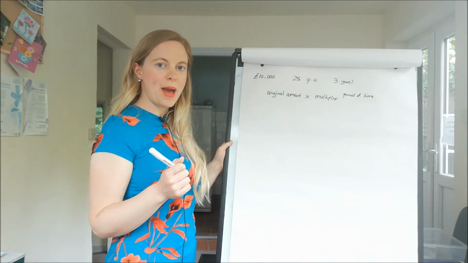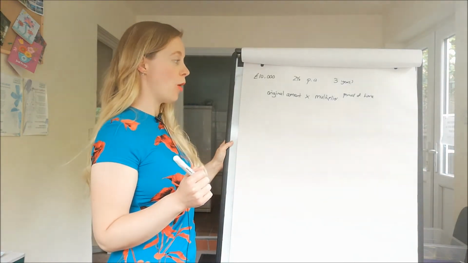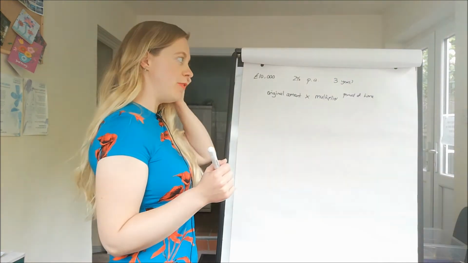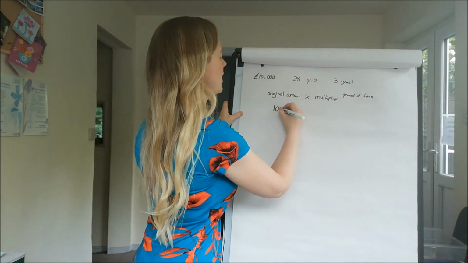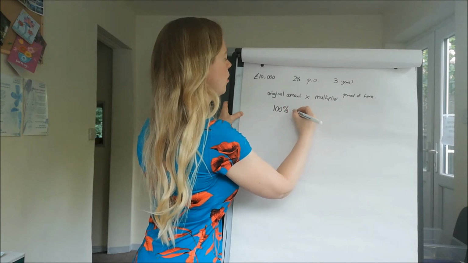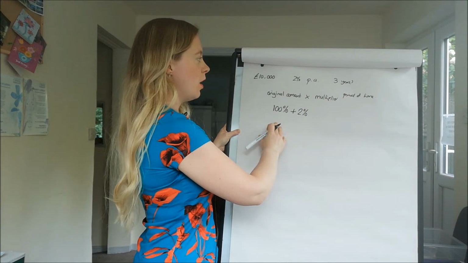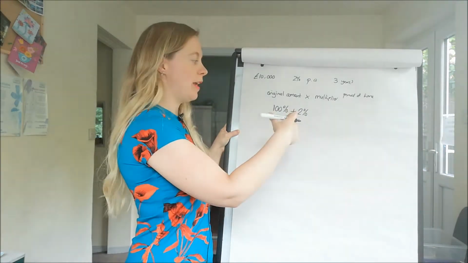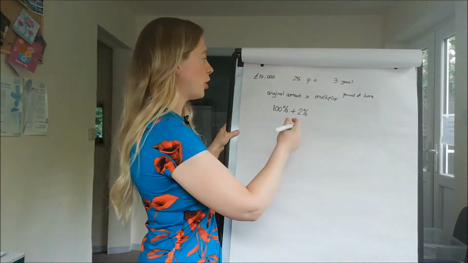Now, thinking back from the percentage increase and decrease video, the calculator method for that, we said if something was increasing, that meant we were going to have 100% plus the extra percent that was being added on. And compound interest is a thing in terms of a savings account that's added on. It's a good thing, you get extra.